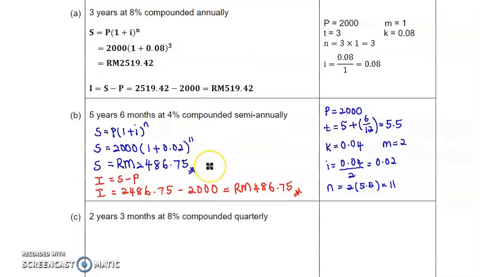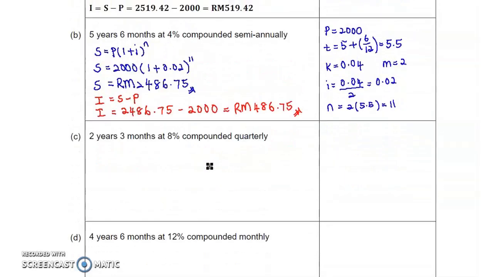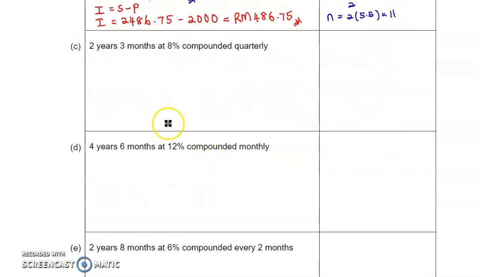Now look at example C. Extract the info first. Here P is still 2000, for 2 years 3 months. So T is 2 years plus 3 months. Months convert to years, divided by 12.